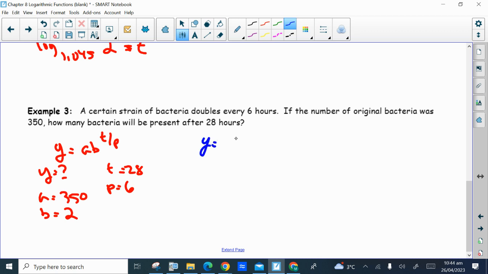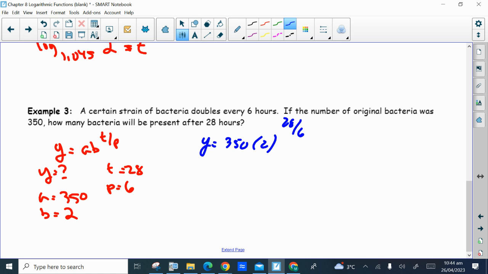So we'll plug everything into the equation. T over P, 28 over 6, will give us how many times the bacteria doubles. And that's going to be a rational number, and that's fine, because it's continually happening.